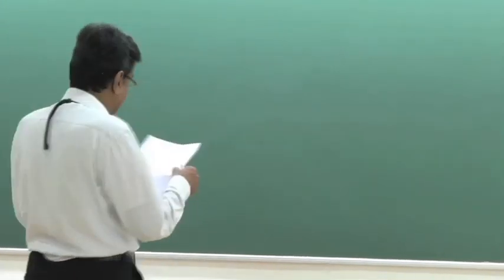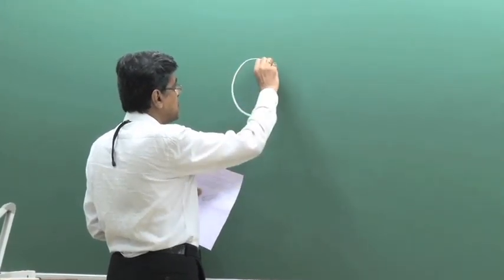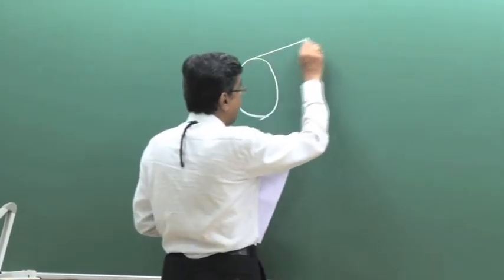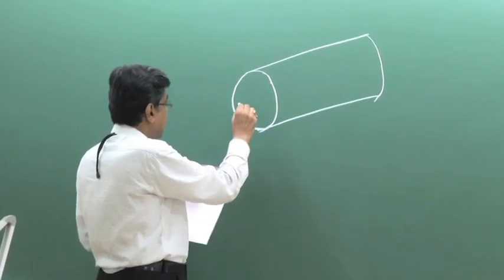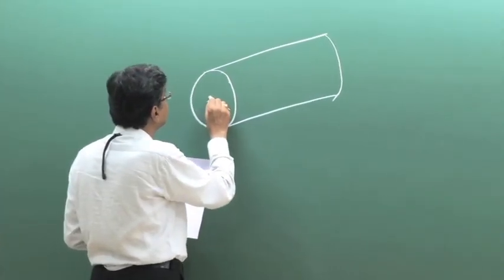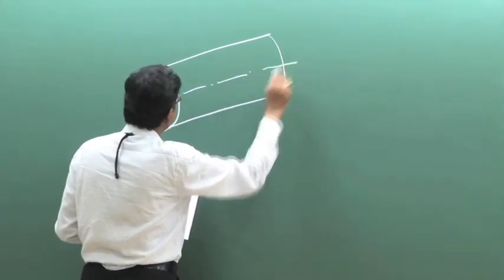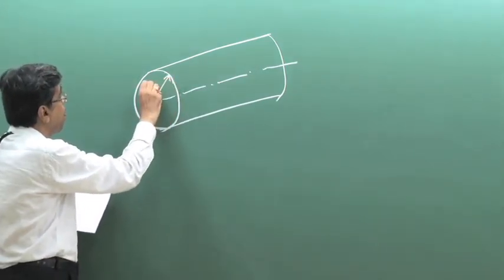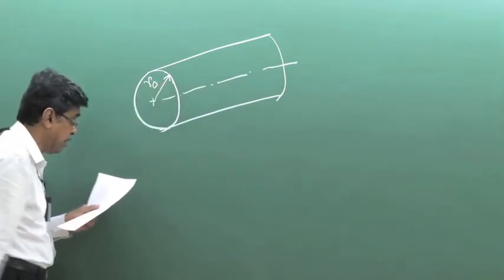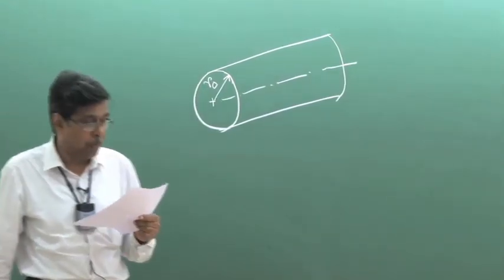Now this problem is like this. There is a cylindrical container, this is the axis, a cylindrical container of radius r0, and the language of the problem is like that.